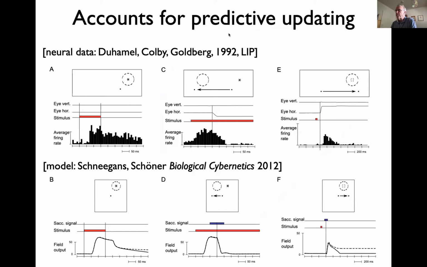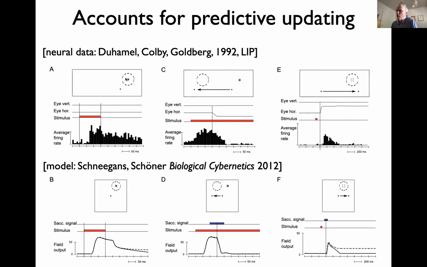This is a famous experiment going back to Goldberg's lab. This is in LIP, but there are a couple of other areas where things like that have been seen. So this is really mind-boggling stuff, but it's old stuff. So for instance, here you have a receptive field. This is a monkey that is fixating here on this point. This particular neuron has this receptive field.